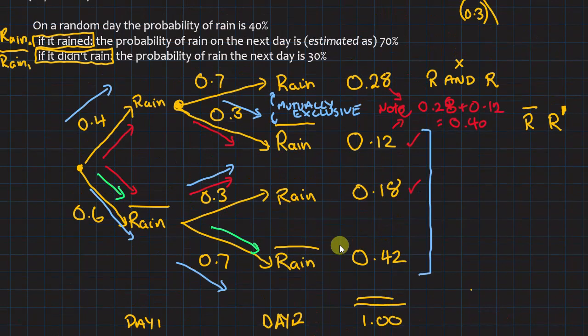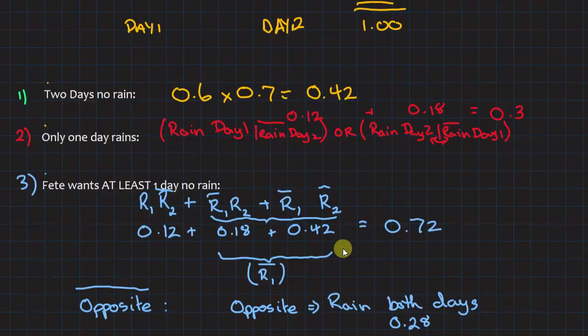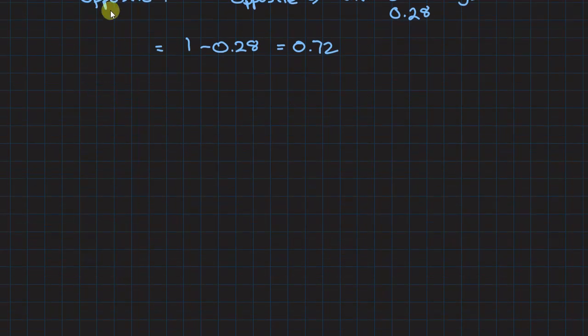Okay, so that's using a tree diagram to solve problems, and very quickly the sort of thing that it moves on to is you can do things like probability of birthdays. Two people have the same birthday, so the first person comes along and they choose their birthday, it's 1 in 365.